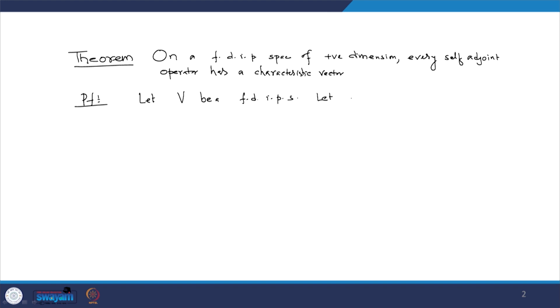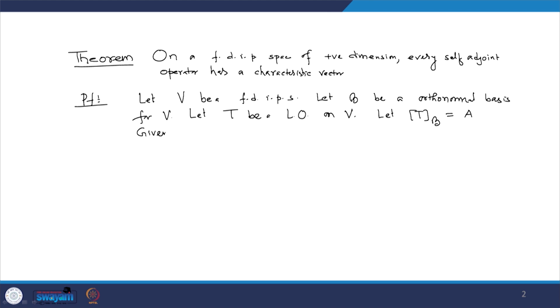Let B be an orthonormal basis for V. Let T be a linear operator on V, and let the matrix representation of T with respect to this ordered basis B, which is an orthonormal basis for this space V, equal A. Given T is self-adjoint, that is T equal to T star. So, this implies A also equal to A star.